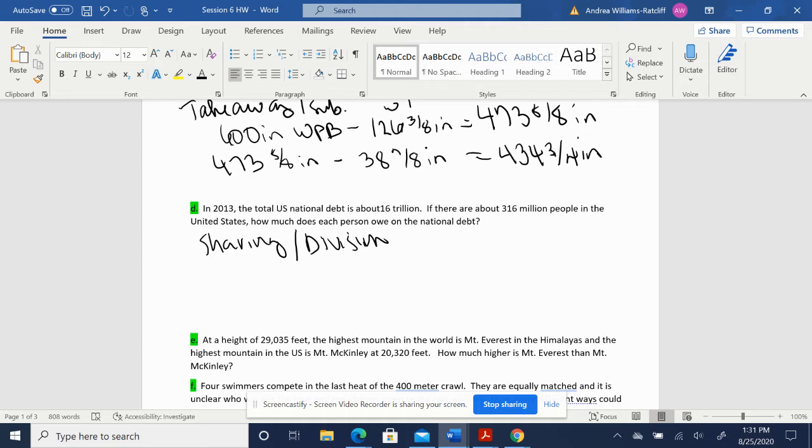So let's kind of envision what that's going to be. Okay, so we have this large debt, so it's 16 trillion. And we want to share it among 316 million people.